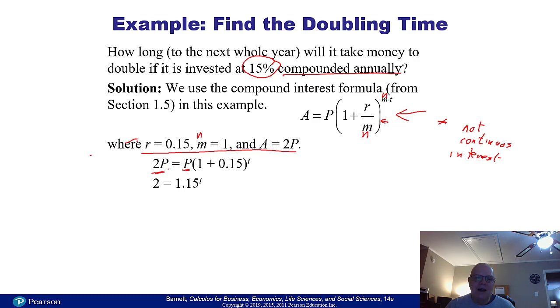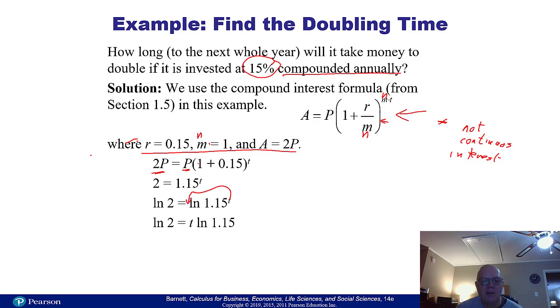Okay. Now what can you do? t is in the exponent. Take the logarithm of both sides. And the easiest one is to use the natural logarithm. So do that. Divide both sides by that natural logarithm of 1.15. Remember we brought that t out front.